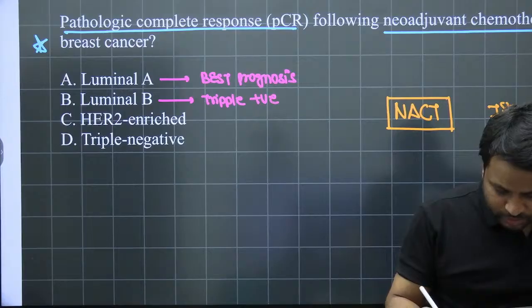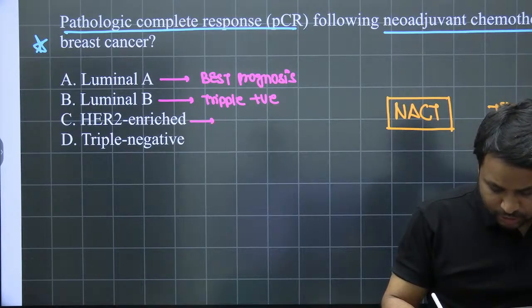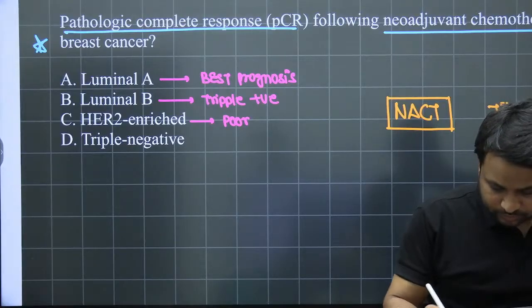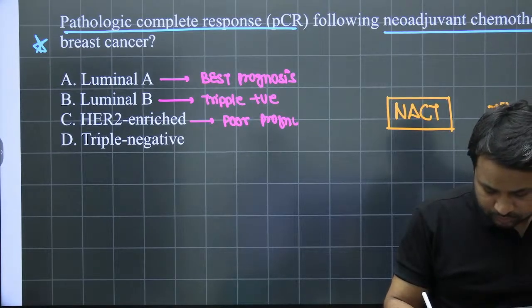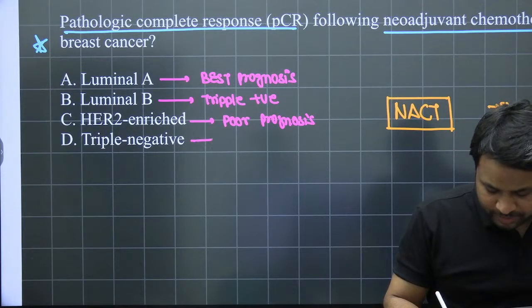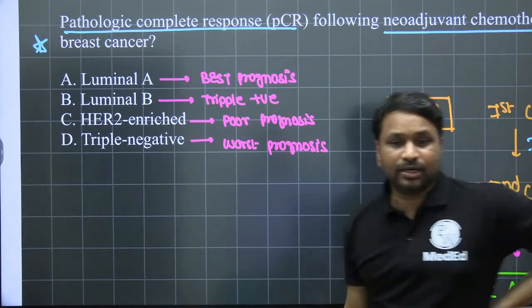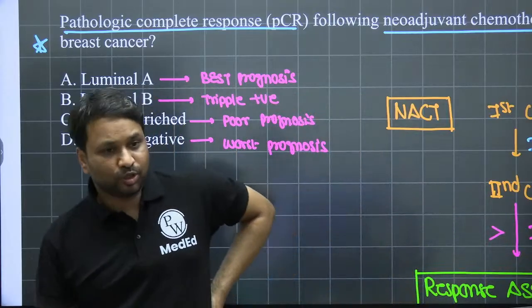HER2 enriched usually has poor prognosis. Triple negative has the worst prognosis. Okay, these are the words we usually use to describe them.